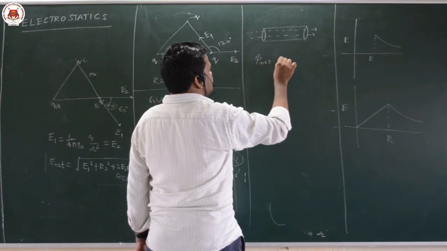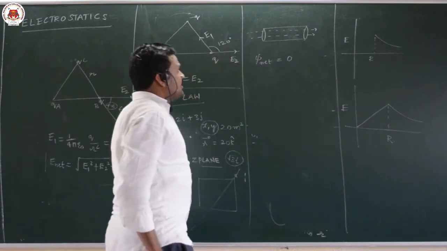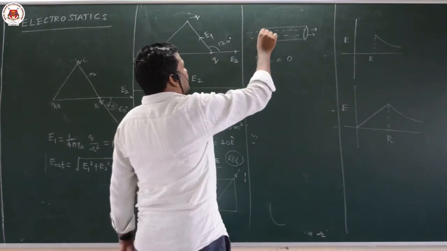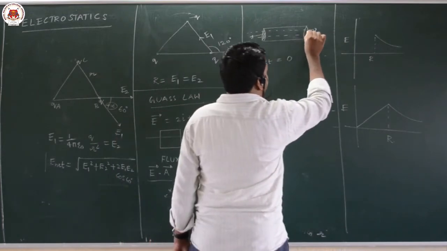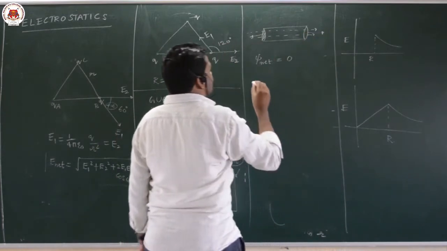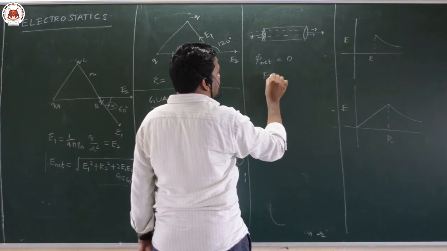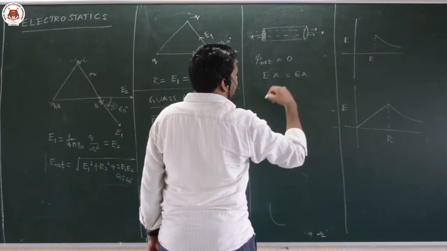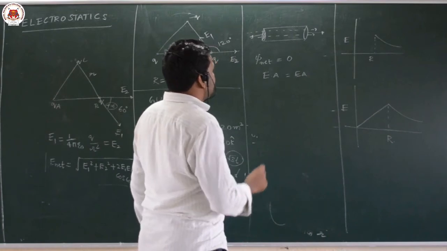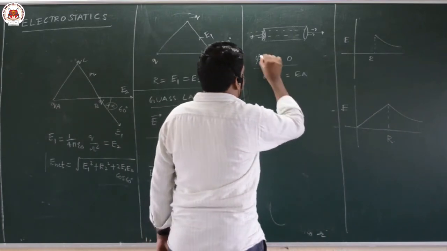Flux passing through this will be 0. Why? Because if you take the area vector, it will be in this direction, because you have to take the outward normal. Therefore flux entering is E dot A and flux leaving is also E dot A. When flux entering is equal to flux leaving, then net flux will be equal to 0.